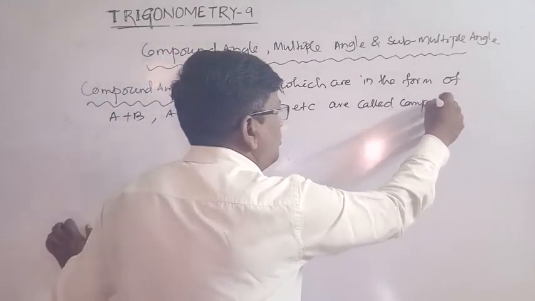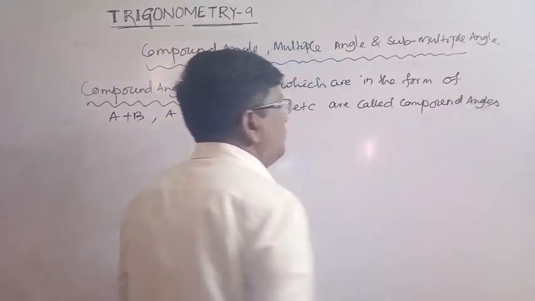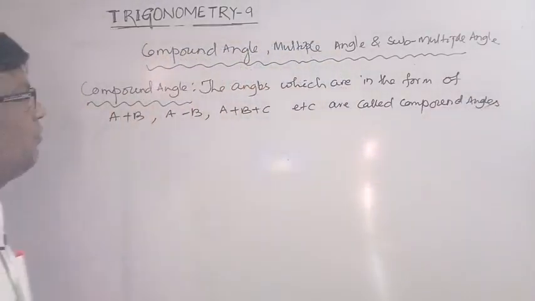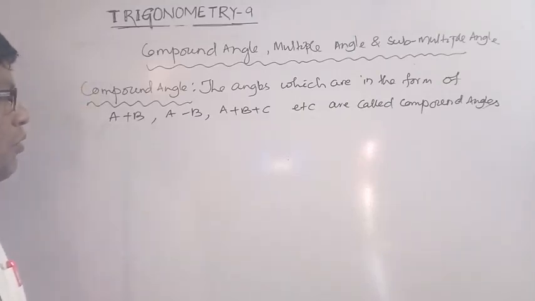The angles which are in the form of a plus b, a minus b, a plus b plus c, etc. are called compound angles.